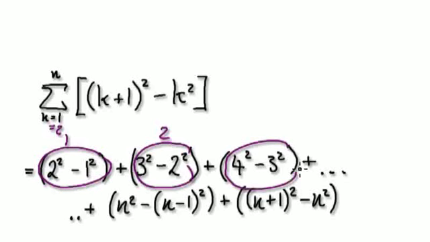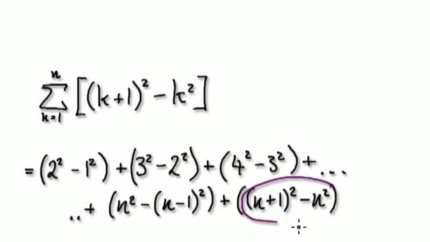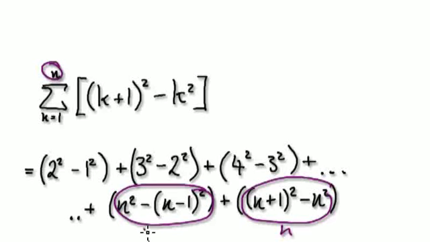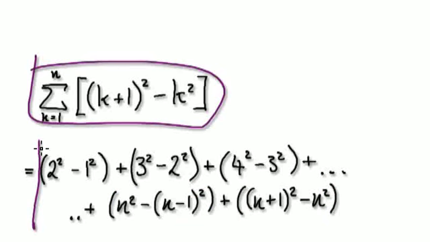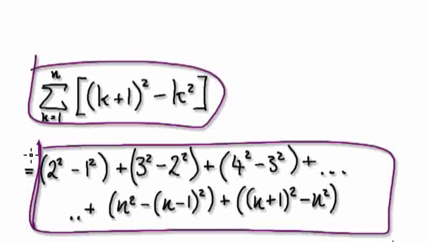This here will be when k equals 3, and this here would be when k equals n. That's the last term, and this here will be when k equals n minus 1, and so on. So this whole thing gives us this summation here.